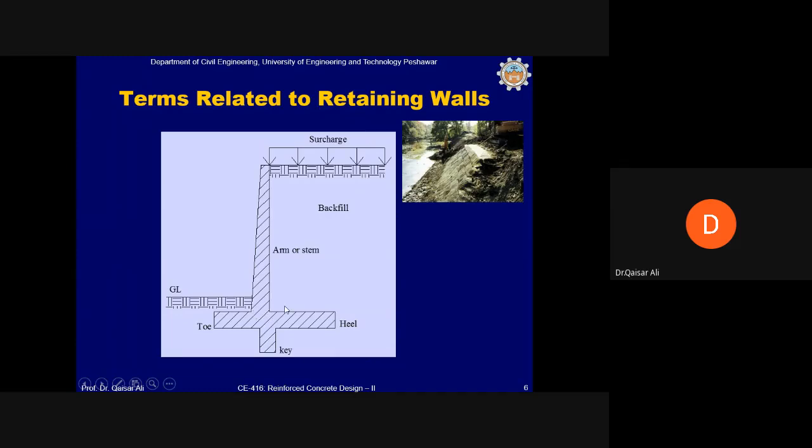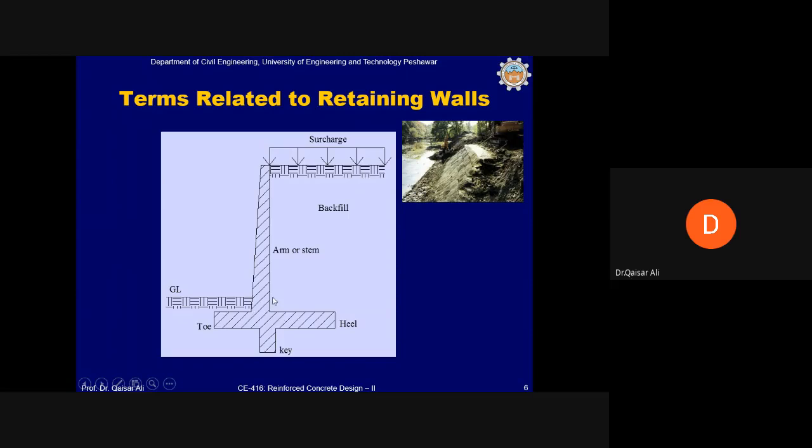So in order to increase the flexural stiffness of the arm or stem, the width at the base of the arm is kept the highest, and then it is gradually decreased as we move up to the top part of the arm or stem. The heel and toe collectively are called the base of the retaining wall.